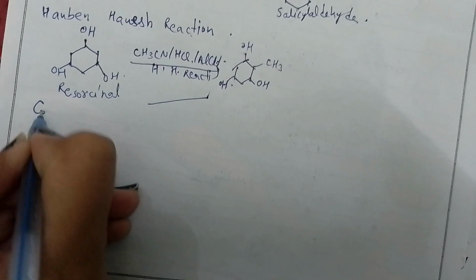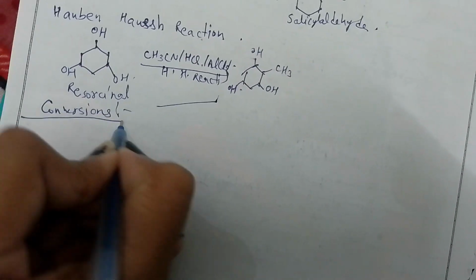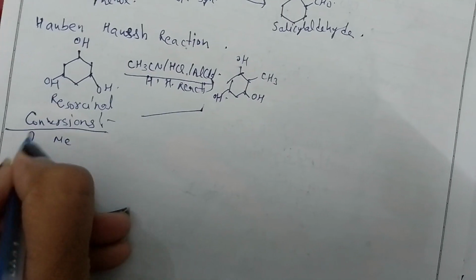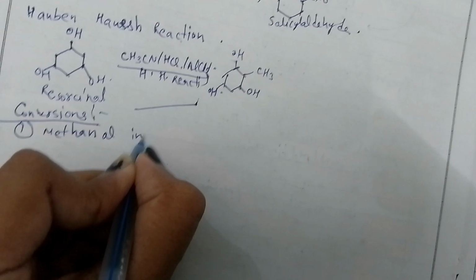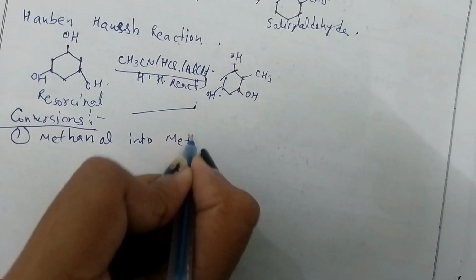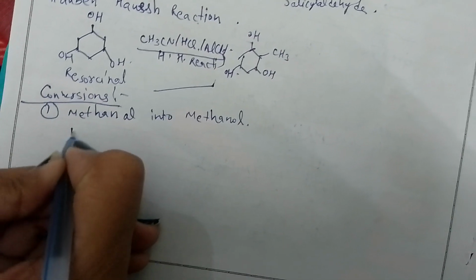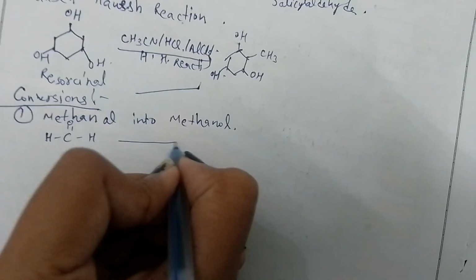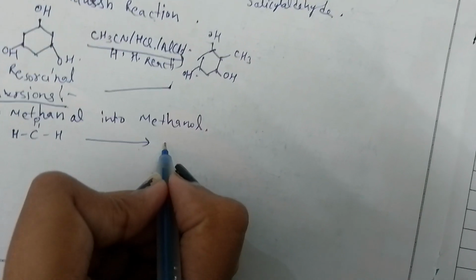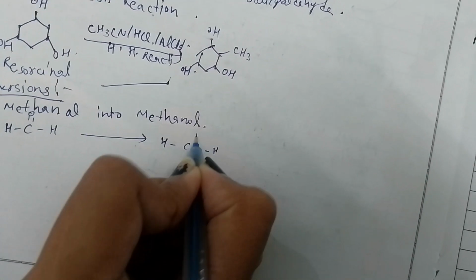Now next we will see the topic of conversions. Some conversions we will see. For example, our first conversion is methanol into methanal. Here we will write methanol first, and after that I will tell about the catalyst which is used to change it.